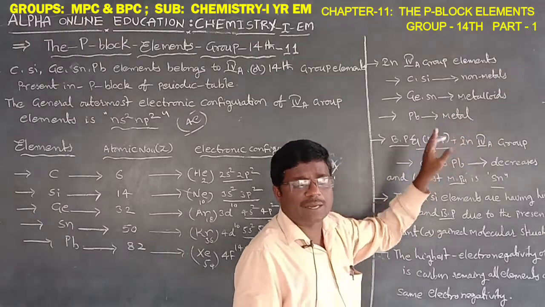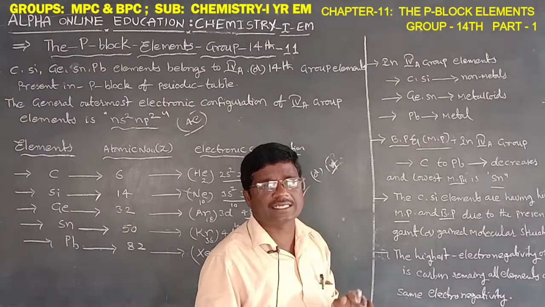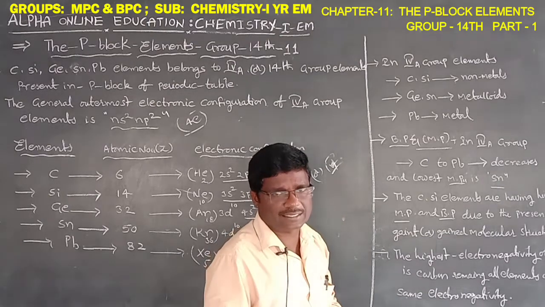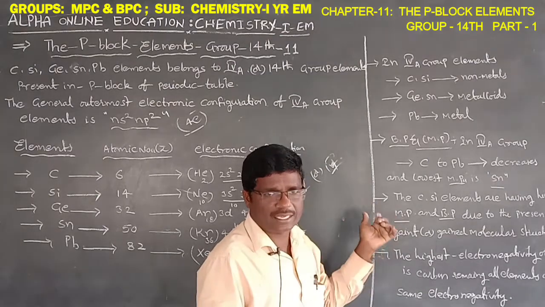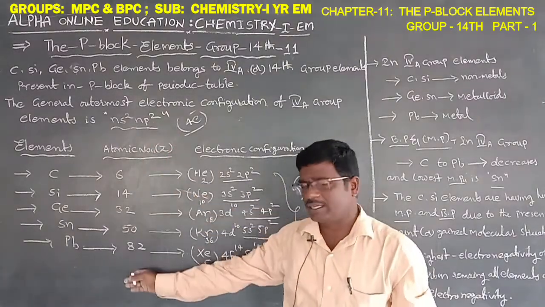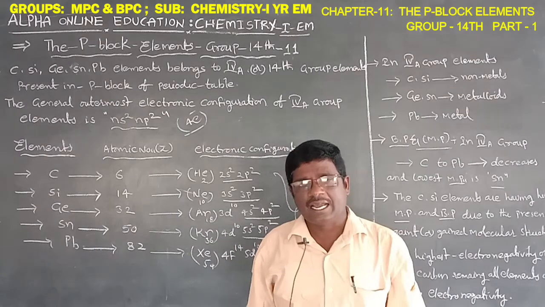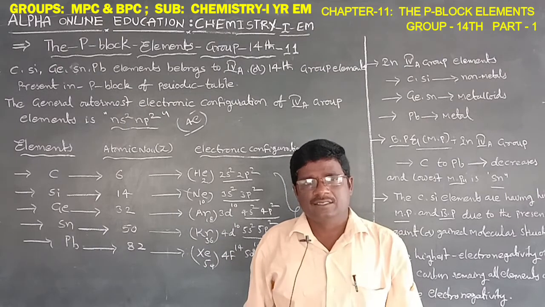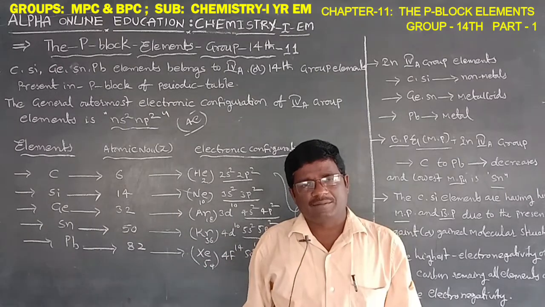In any group, from top to bottom, non-metallic nature decreases and metal nature increases, due to the increase in atomic radius.